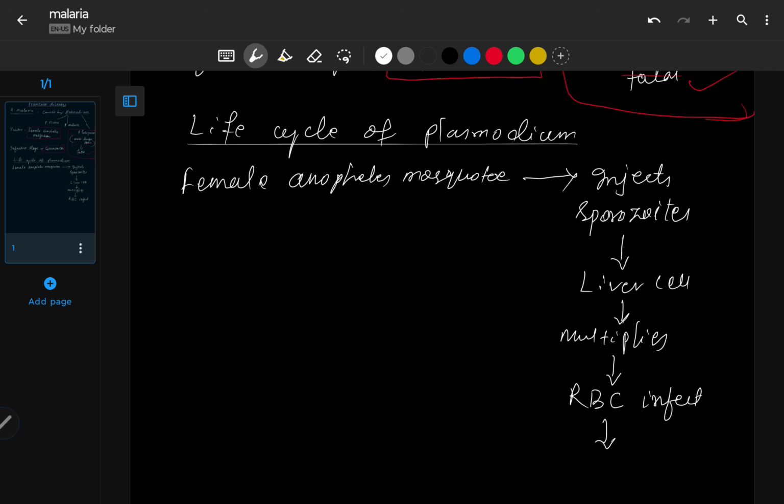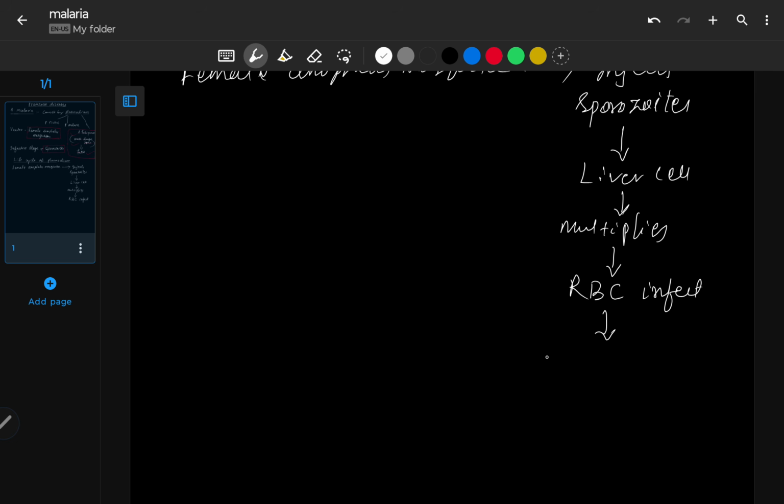Now inside the RBC they start eating the hemoglobin, and the stage that eats the hemoglobin is known as trophozoite. This trophozoite is the feeding stage.